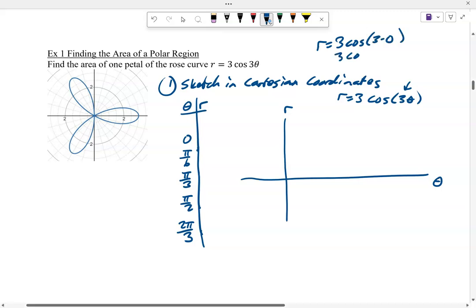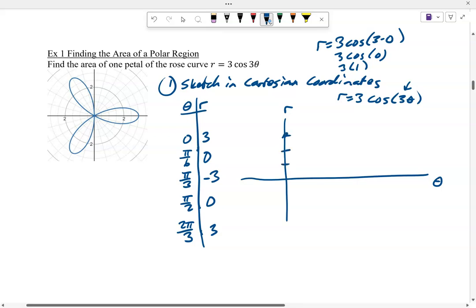I know the cosine of 0 is 1, so I get 3. So I get (0, 3). I throw in pi over 6. So 3 times pi over 6 is 3 pi over 6 or pi halves. I know the cosine of pi halves is 0. 0 times that 3 in front is 0. And then I plug in pi thirds, I plug in the pi halves, I plug in the 2 pi thirds. And so I got (0, 3).